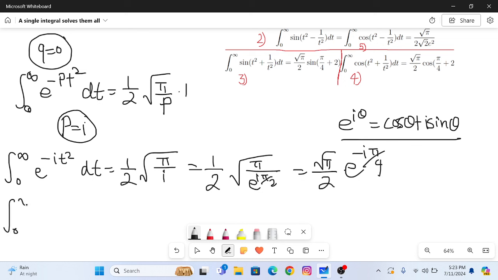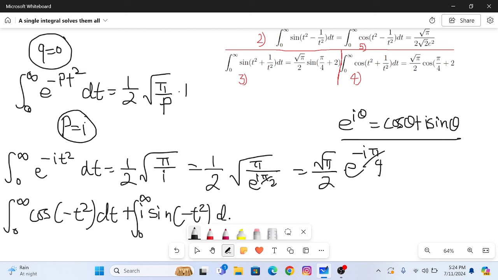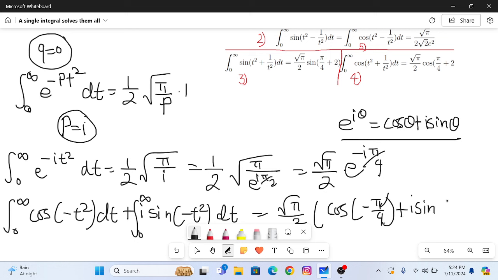Integral from 0 to infinity of cos of minus t square dt plus i times the integral from 0 to infinity of sin of minus t square dt, and we know that the sum of these integrals is going to result in the following value, root pi by 2 times cos of minus pi by 4 plus i sin of minus pi by 4.